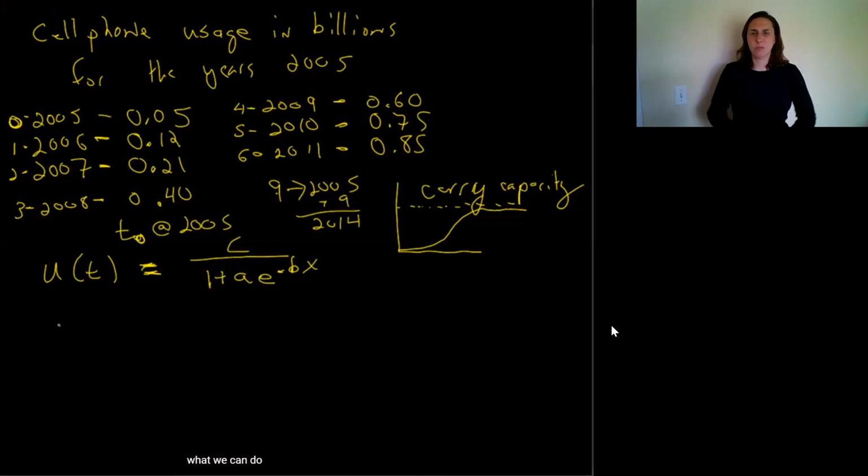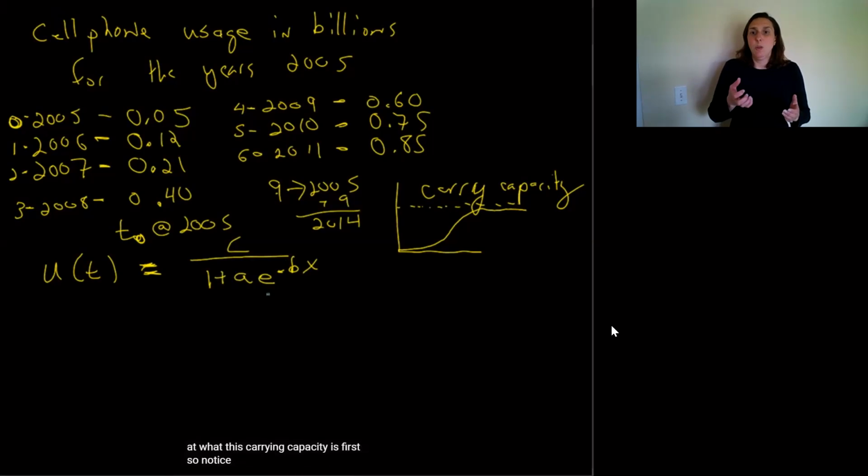so what we can do is solve for a couple different points of data. And we can find these constants by solving for a couple different points of data. All right, so then what we want to do here is look at what this carrying capacity is first.